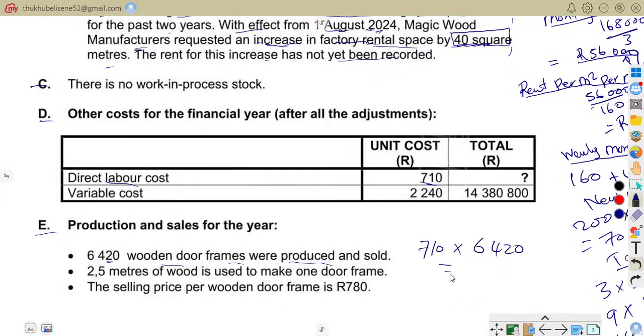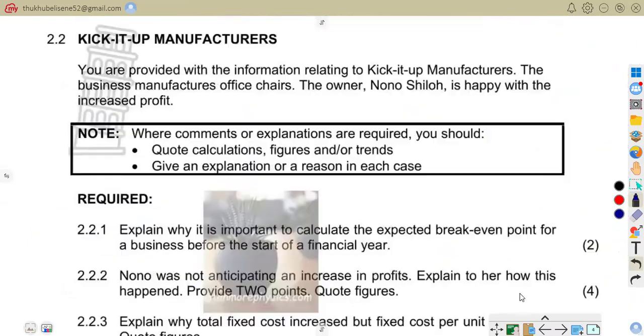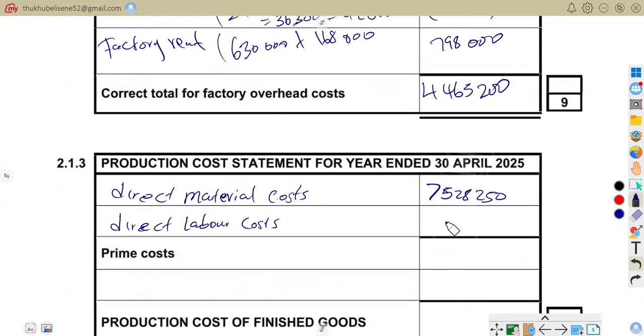And this will give us our amount for direct labor cost, which is equal to 4,558,200. So now we are to record it in our answer book. So we have said the amount is 4,558,200. So that is that.